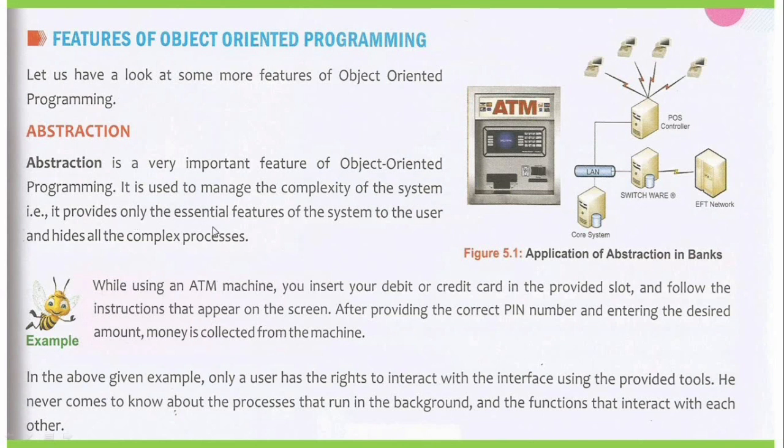That is, it provides only the essential features of the system to the user and hides all the complex processes. So basically abstraction is what helps us to make our program or application or software user friendly.